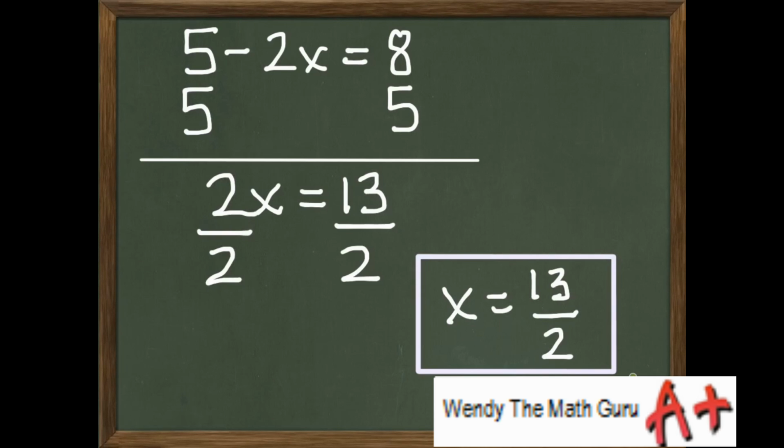So if you're saying that someone made a mistake, a good sentence starter would be, this student did not use the addition property of equality. This student used the subtraction property of equality, and that was incorrect because the subtraction property of equality does not create an additive inverse. So that's just a sample of a sentence to kind of get you started thinking about what you're going to write in your explanation.